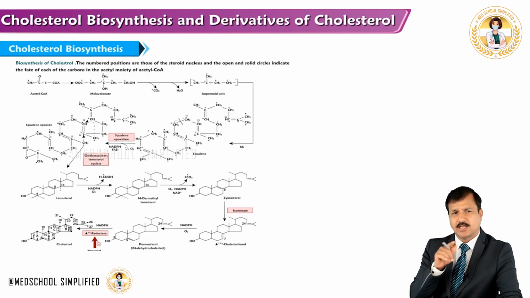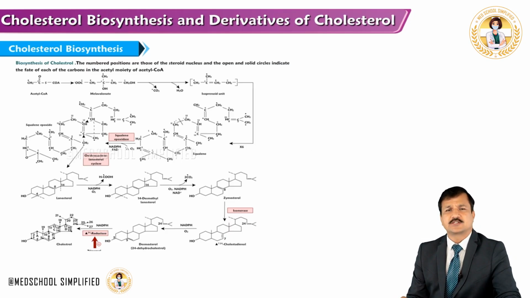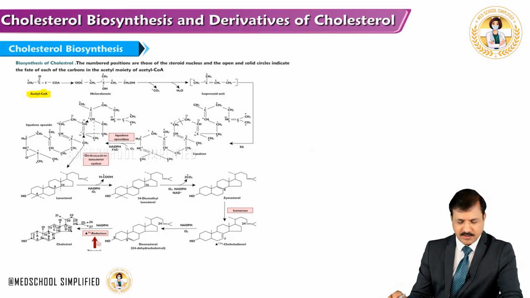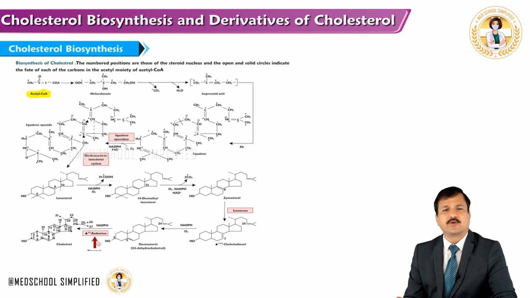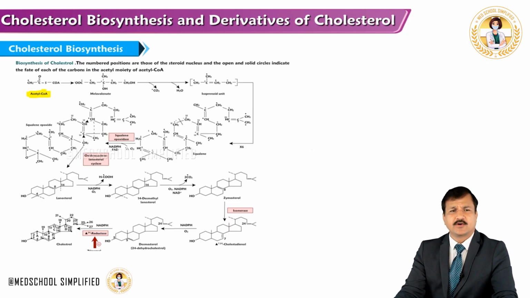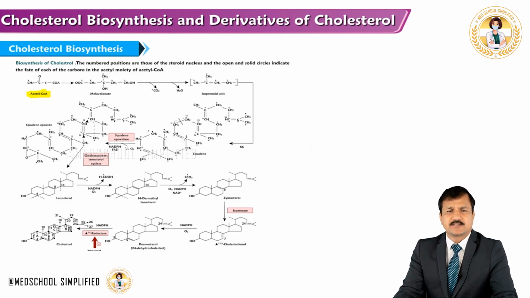So let me just take you all the way towards where we stopped in the last slide, and then I will continue from there. Just as a recap, 2 acetyl-CoAs combine with one another to make aceto-acetyl-CoA, and that aceto-acetyl-CoA combines with another acetyl-CoA molecule to make HMG-CoA, that is 3-hydroxy-3-methyl-glutaryl-CoA, and the HMG-CoA undergoes a reduction by HMG-CoA reductase enzyme, which is the most regulated enzyme in cholesterol biosynthesis, making mevalonate.